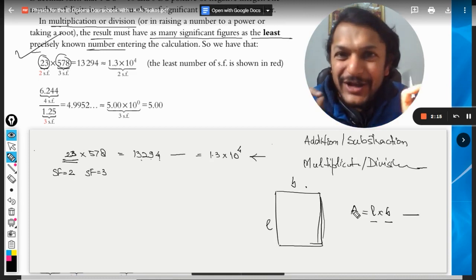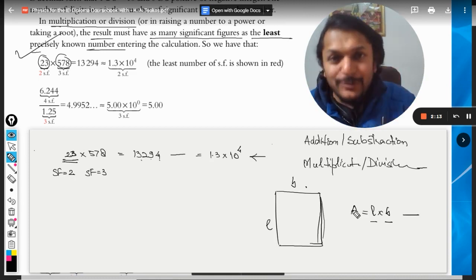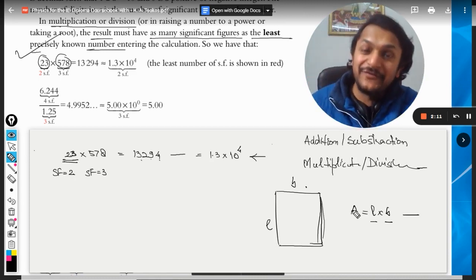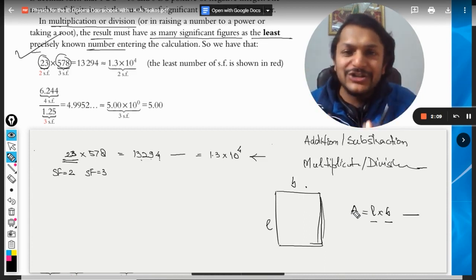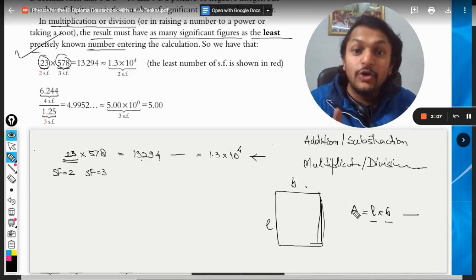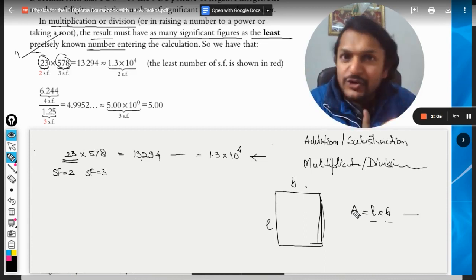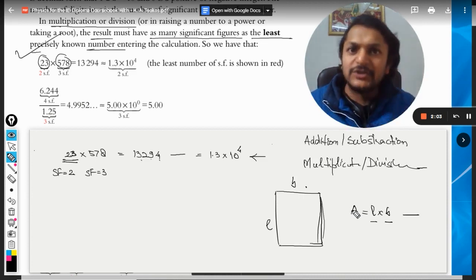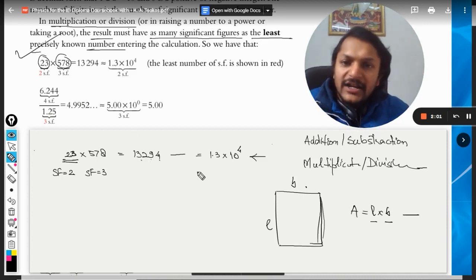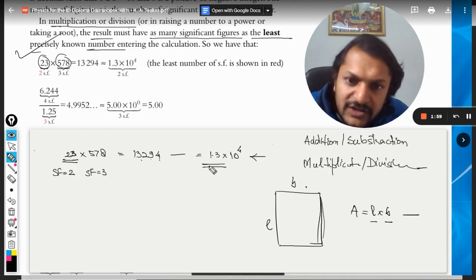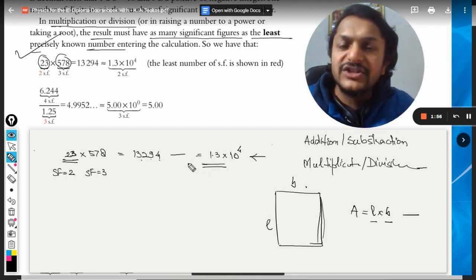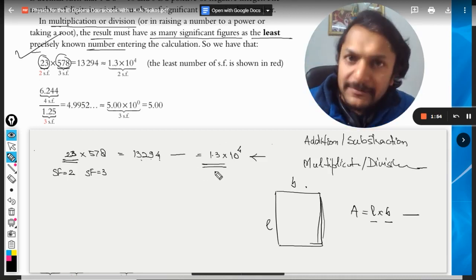This thing does not happen. You know why? Because the iPhone manufacturing company uses these significant figures, no? So they know the calculations have to be precise. So they go for even decimals. We should be as precise as possible. Okay, so that is why here the answer is reported in the least number of significant figures, that is 1.3.